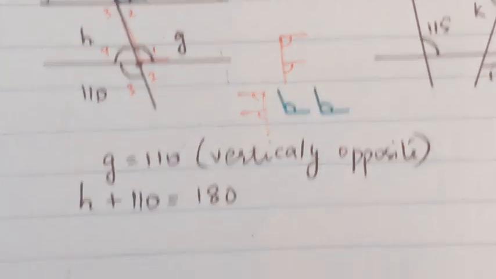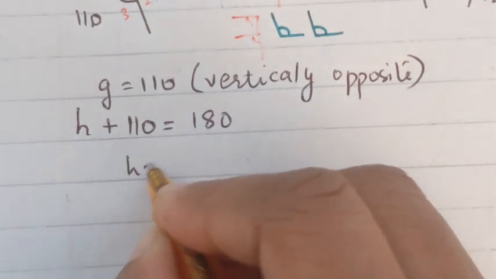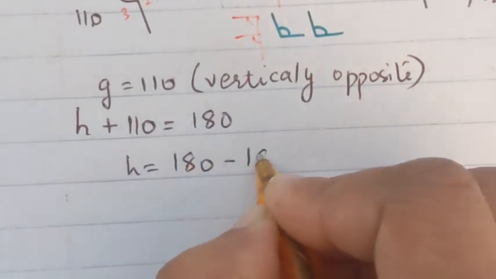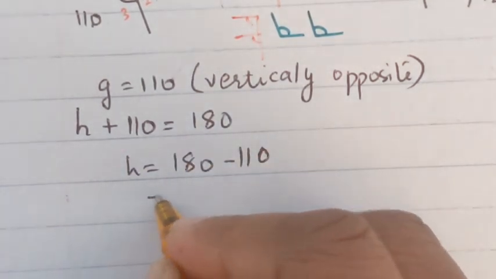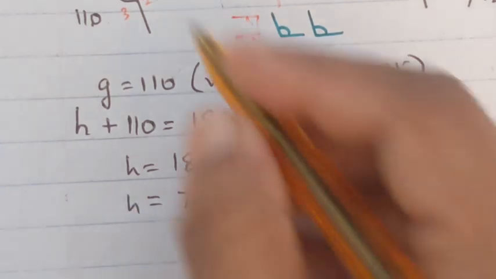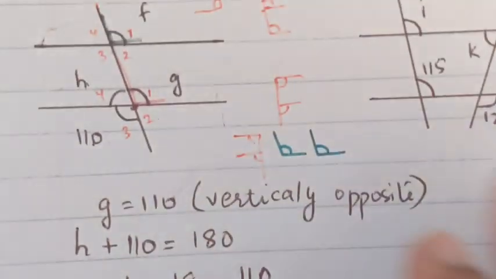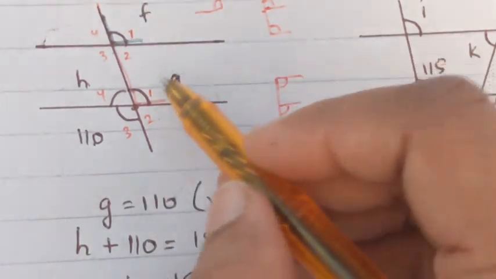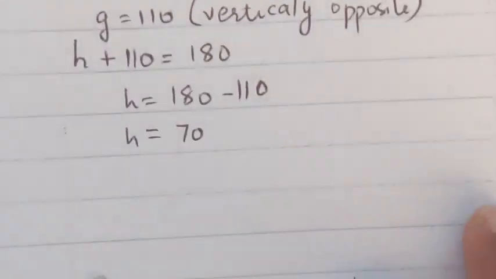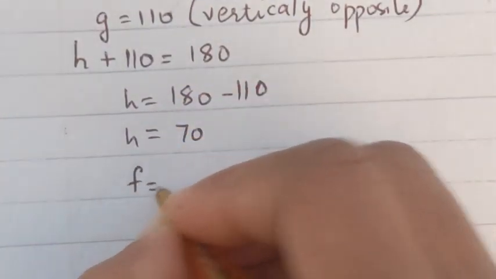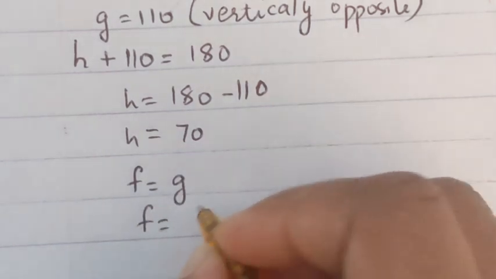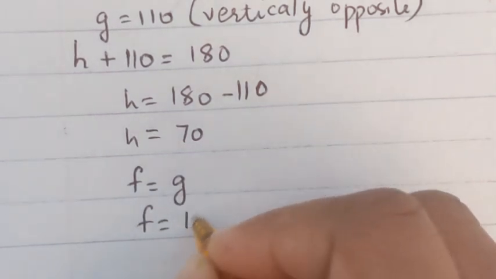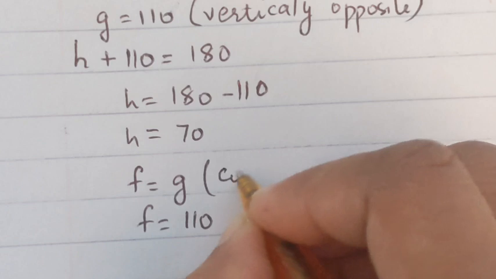Why? Because they are supplementary. So how will we solve it? H is equal to 180 minus 110, and that would be 70. So angle H would be 70. And now we will solve angle F. We know that F and G are corresponding. So we will write it over here: F is equal to G, and hence F is equal to 110 for being corresponding.